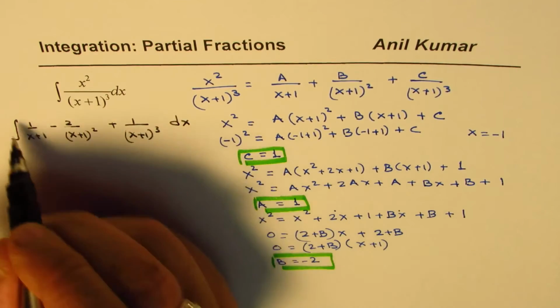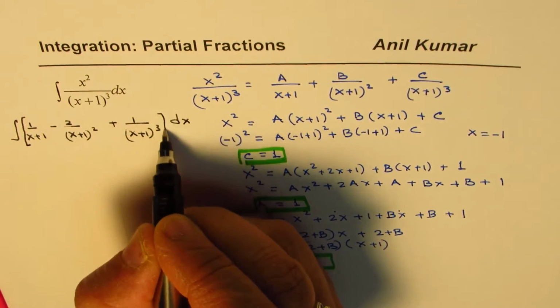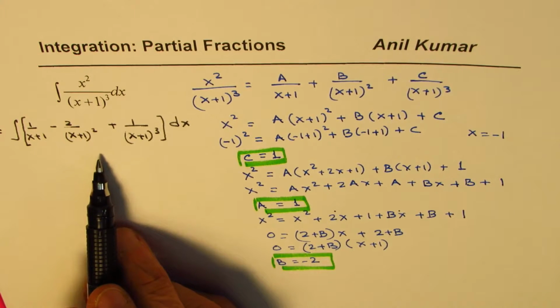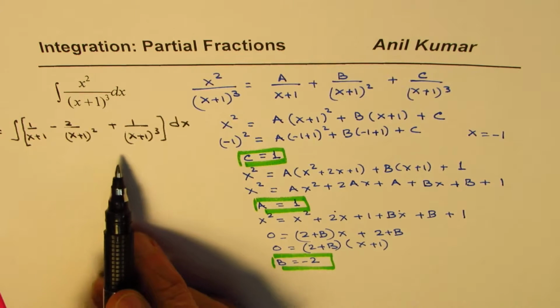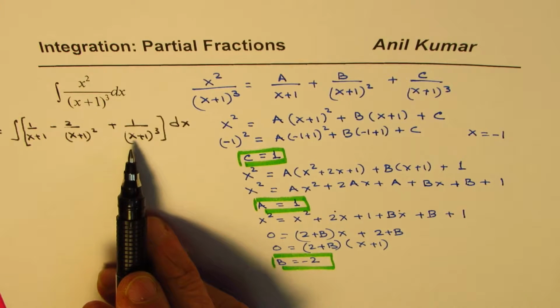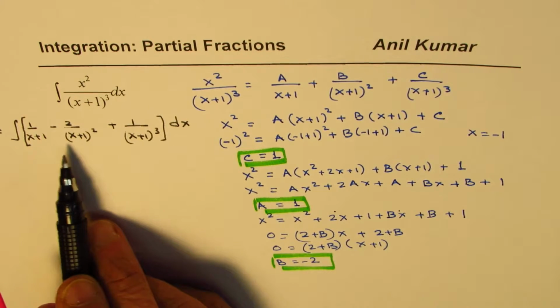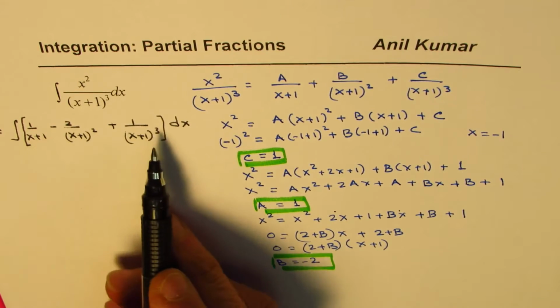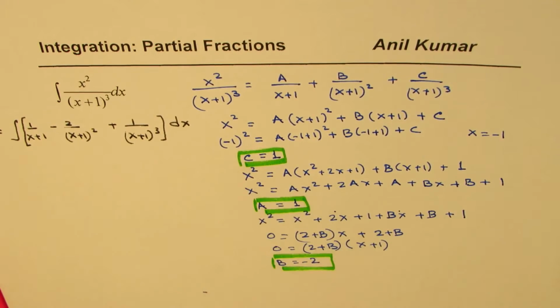That becomes the integrand. This is how we could write this as a partial fraction. Now you can write down their integrals individually and add them up.